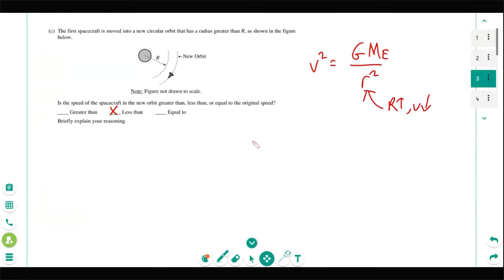And you can say it simply as this is slower because there's this relationship we found. It's opposite. So, larger r.